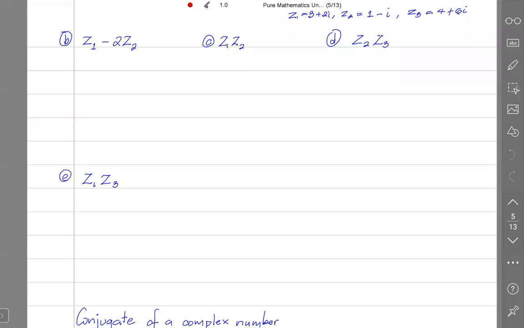All right, this says Z1 minus 2Z2. So this would be Z1, which is 3 plus 2i, minus 2Z2, which is 1 minus i.